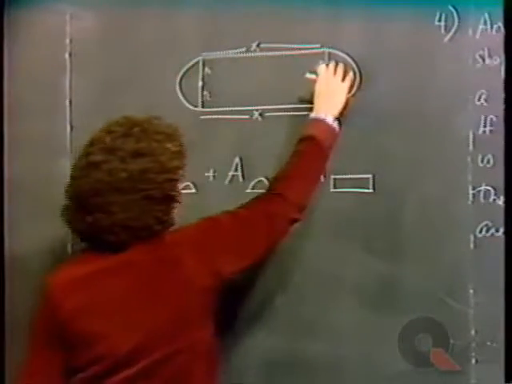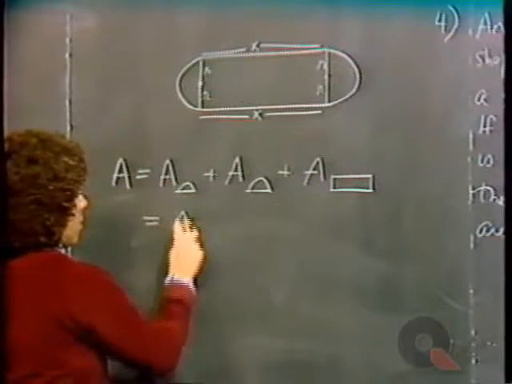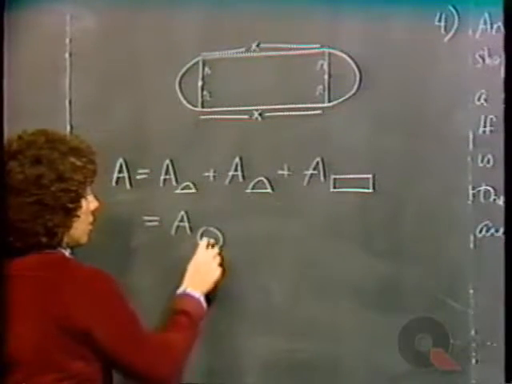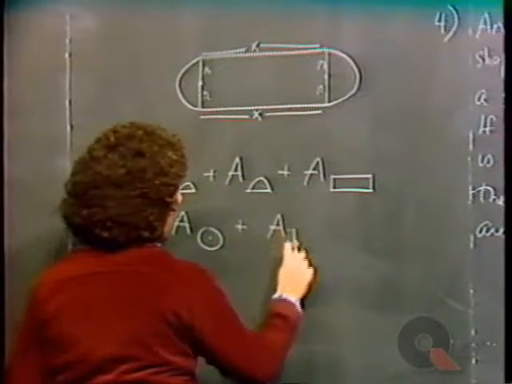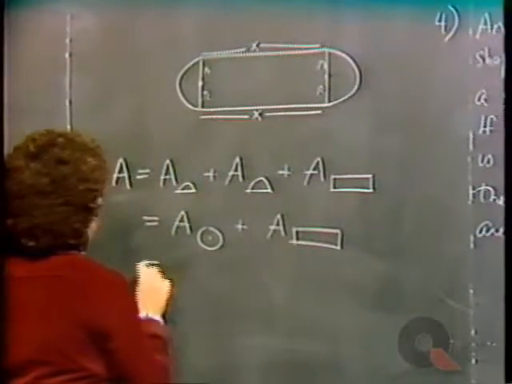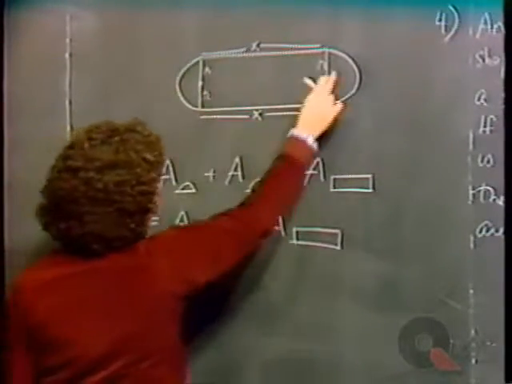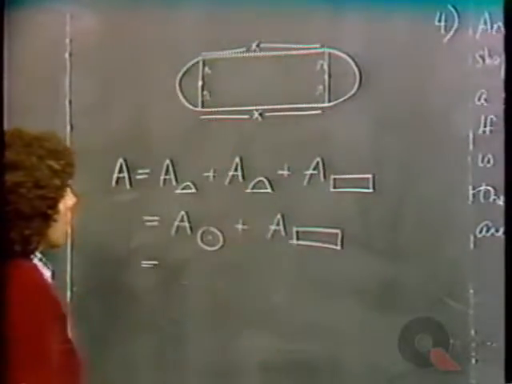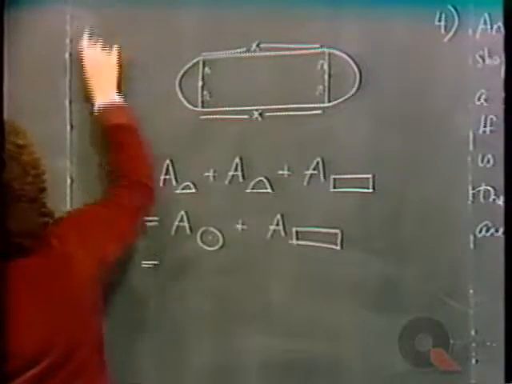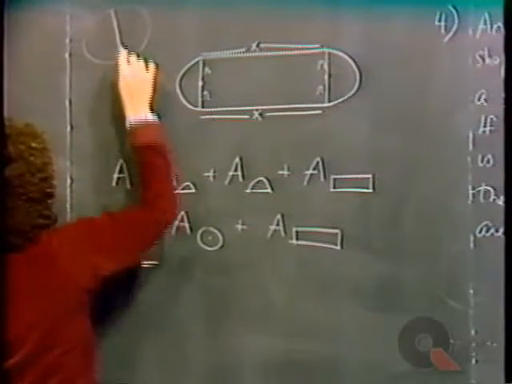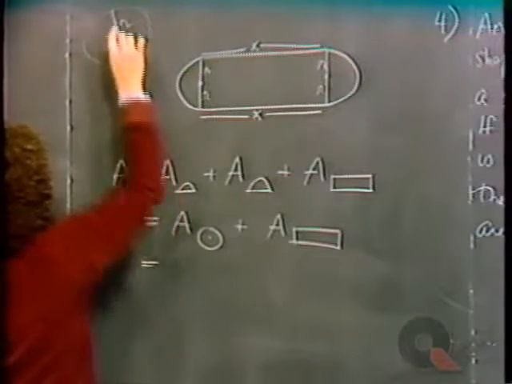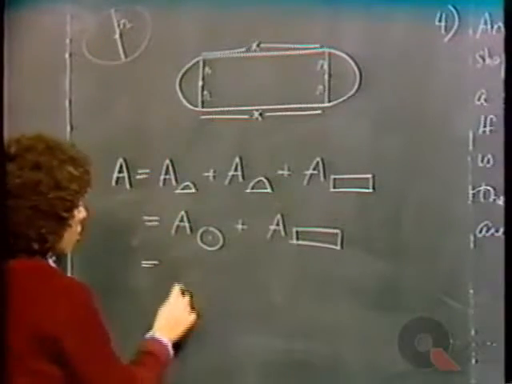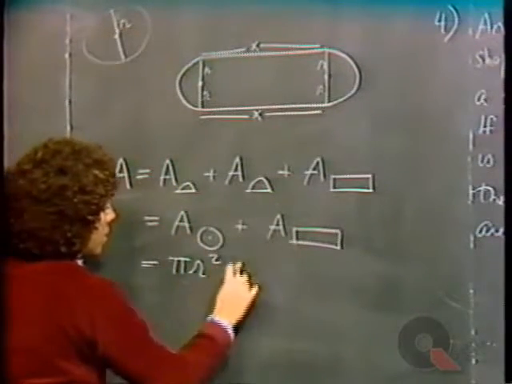The two semicircles together give us a circle of radius R. The area of a circle of radius R, of course, is pi R squared.